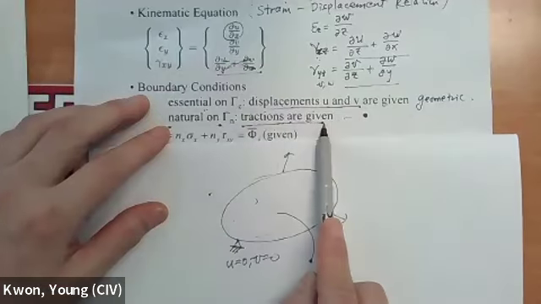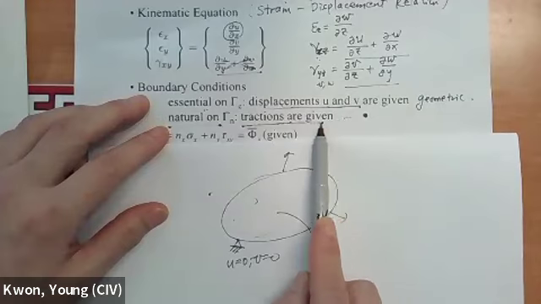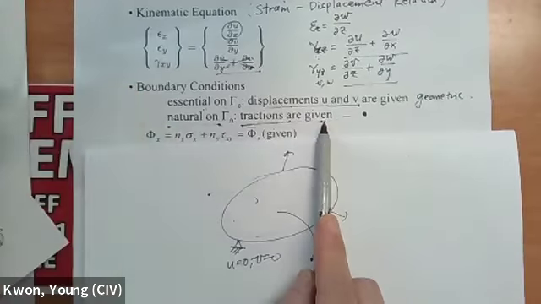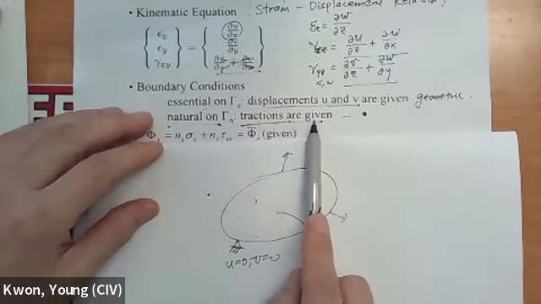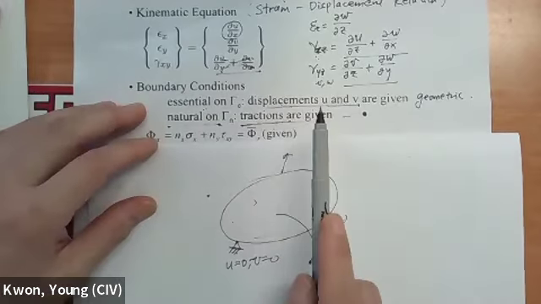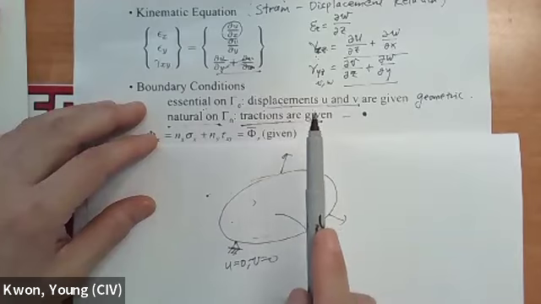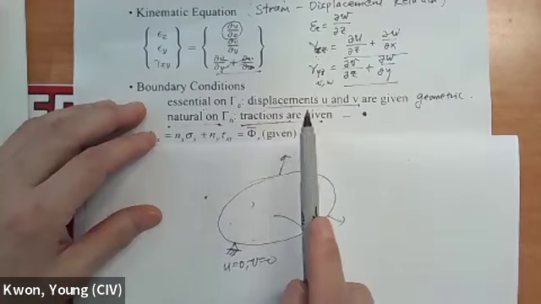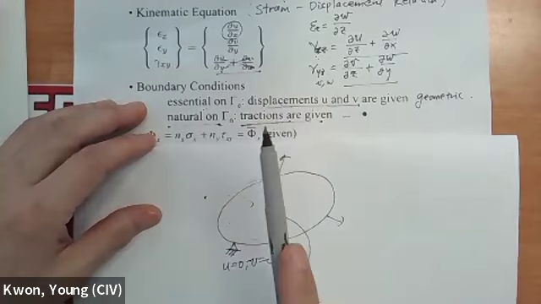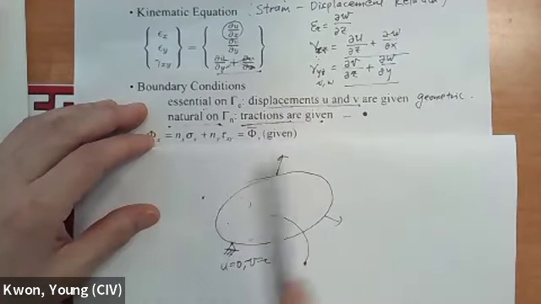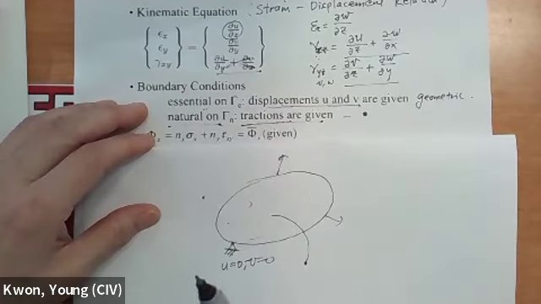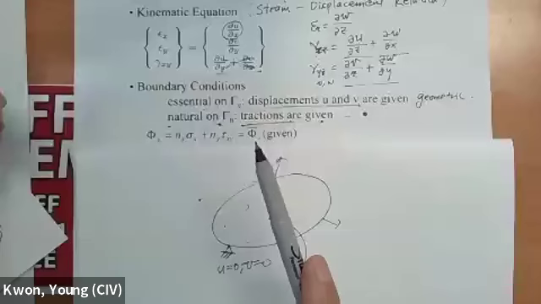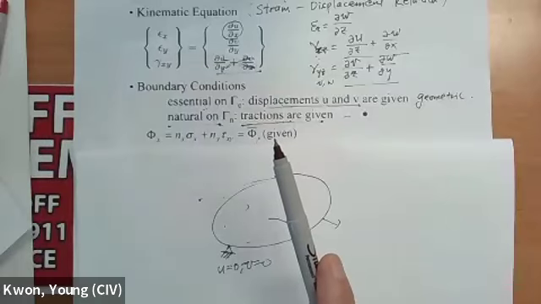Now, the traction is like the flux, but again, the difference between heat transfer and solid mechanics is that in heat transfer, properties like temperature or flux are scalar quantities. So in other words, temperature doesn't have a difference in the X direction, Y direction like that.